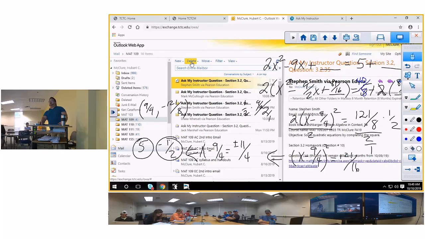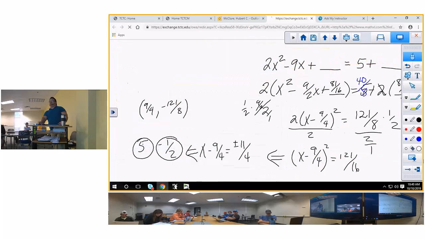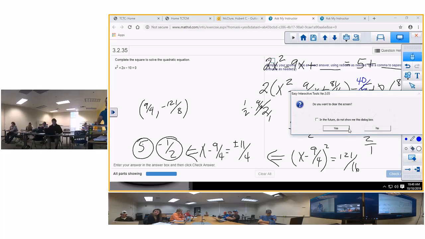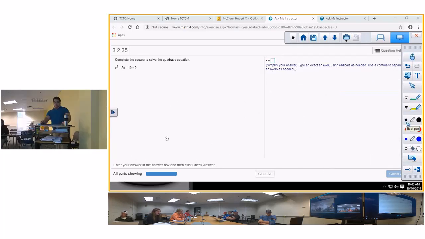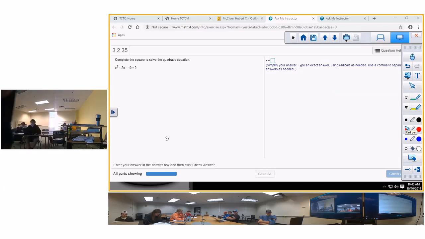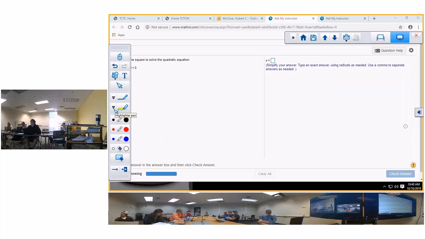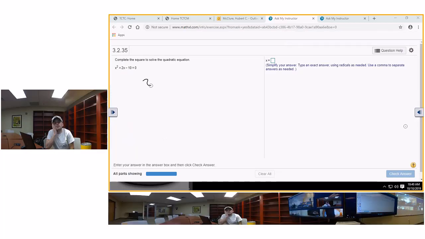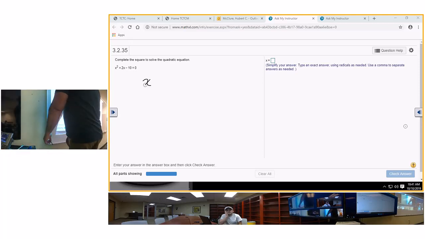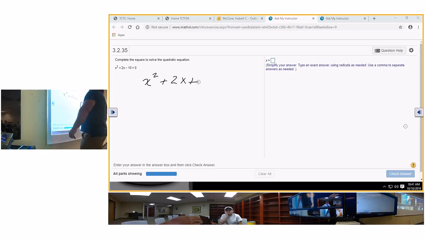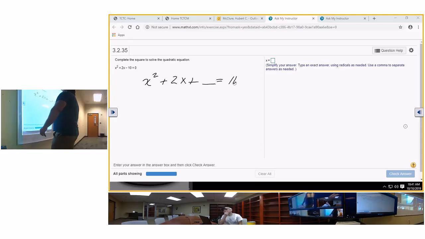Number 10. I feel like I'm doing y'all's 3.2 homework for you. X squared plus 2x minus 10. Can you do the full method with it too? The full method? I don't know what that is. You talking about the FOIL? Yeah. Plus 2x plus blank is equal to 10 plus blank.